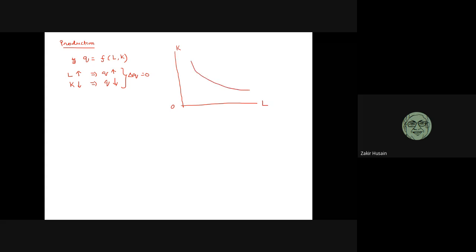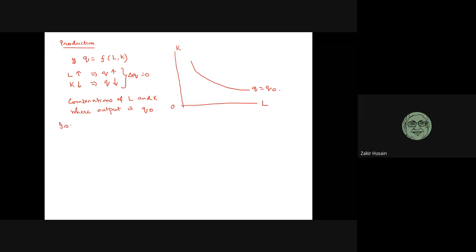In that case, we'll get a curve like this, where output is, let us say, Q0. So these represent different combinations of labor and capital where output is equal to Q0.